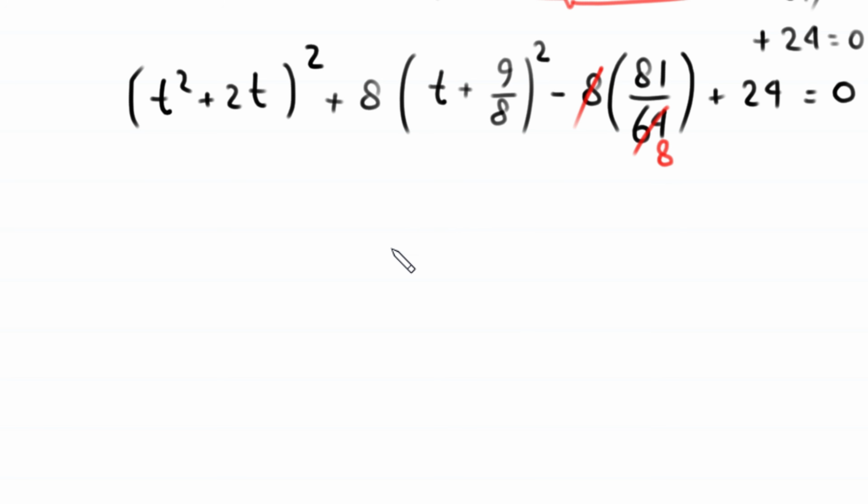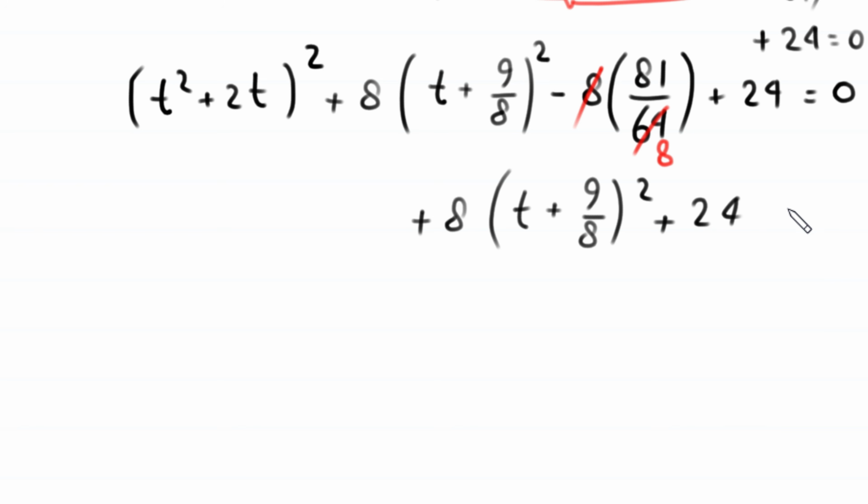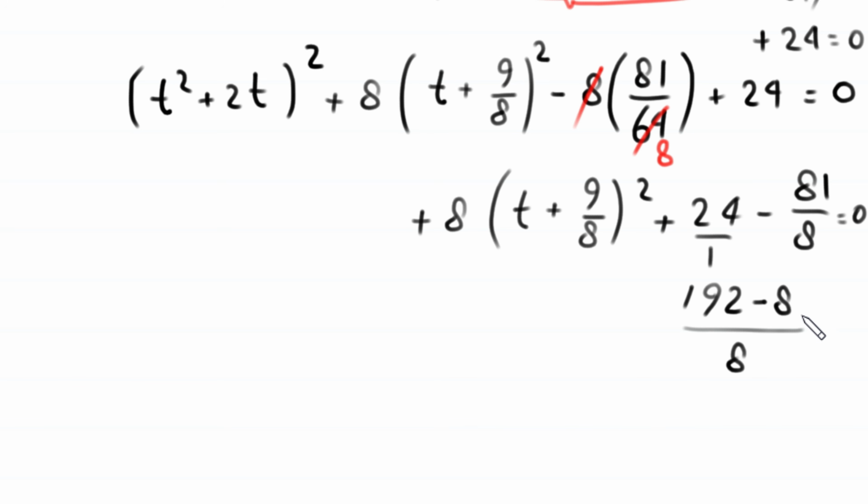This will become plus 8 times t plus 9 over 8 whole squared plus 24 minus 81 over 8 equal to 0. We can write the denominator 1 and take the LCM of 1 and 8, that is 8. So 8 times 24 will become 192 minus 81.